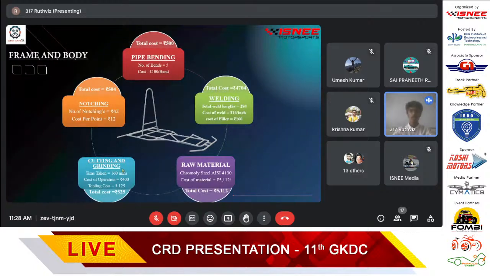The total cost of our raw materials is 5,112 rupees. The cost per meter of this raw material is 400 rupees, and the total length of the chassis we use is 12.67 meters.